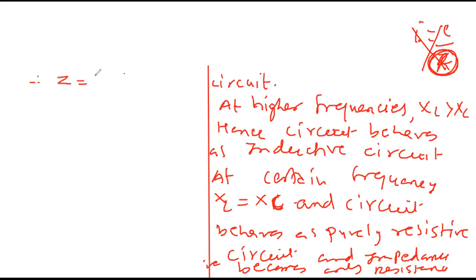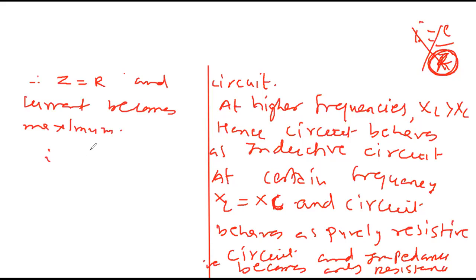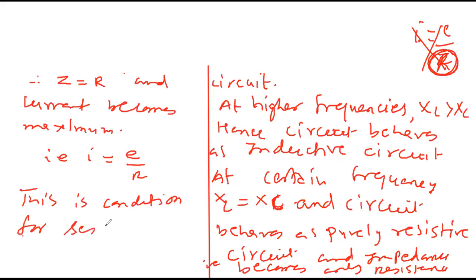Therefore, Z equals R and current becomes maximum. That is I equals E by R. This is the condition for series resonance.